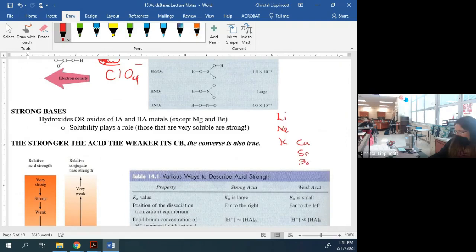All you have to do is add a hydroxide to that. So lithium hydroxide, sodium hydroxide, potassium hydroxide. When you get to calcium, you have to add a 2: Ca(OH)2. Strontium, Sr(OH)2, and then Ba(OH)2. Those are your 6 strong bases that you have to memorize.